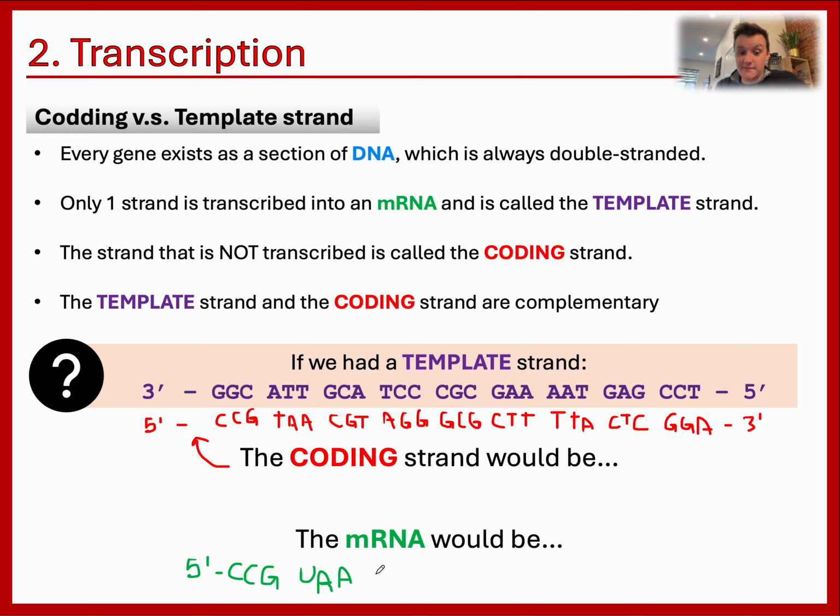So UAA, CGU, AGG, GCG, CUU, UUA, CTC, G. Oh, here, you see I made a mistake. Here it wouldn't be a T, it would be a U, right? I was using my coding strand, GGA, okay?